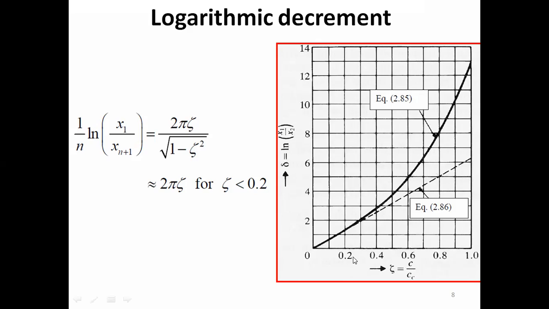So we could say that if the damping ratio is less than 0.2, then we could use the simplified equation, that is 2 pi zeta. If we don't know what the range for the damping ratio is, then it is more desirable to use this equation or this mathematical model.